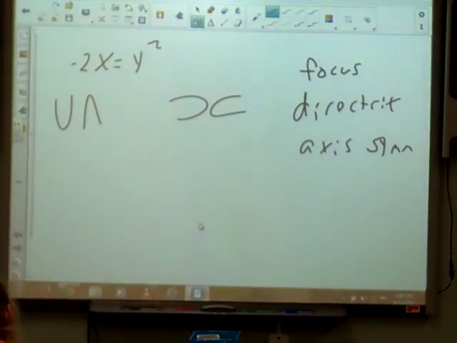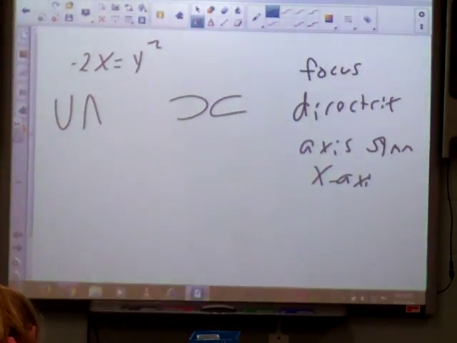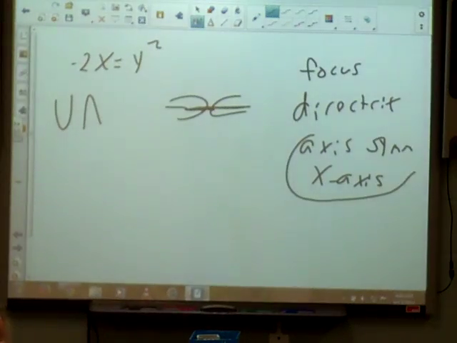Sideways, and Macy's correct because my y is squared. So I already know my axis of symmetry. If I'm at the origin and I'm sideways, my axis of symmetry has to be the x-axis. Okay? Because it would come right through there, right?